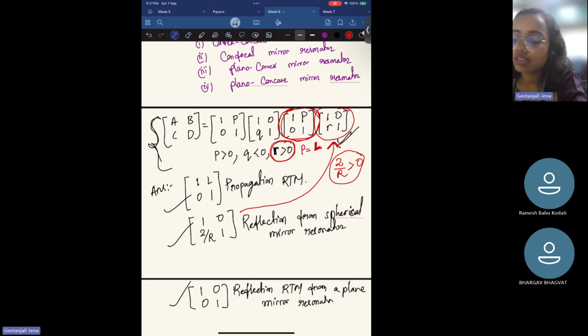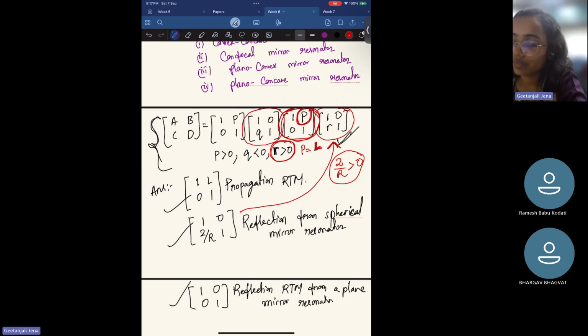If the question asks what is the separation between these two mirrors, then you can easily see the value of L is here, which is P, and P is greater than 0. Now the third matrix, which is 1, 0, Q1.